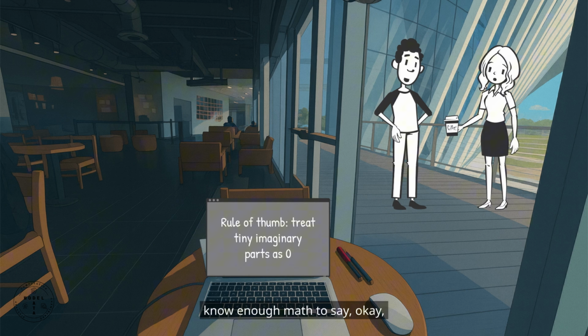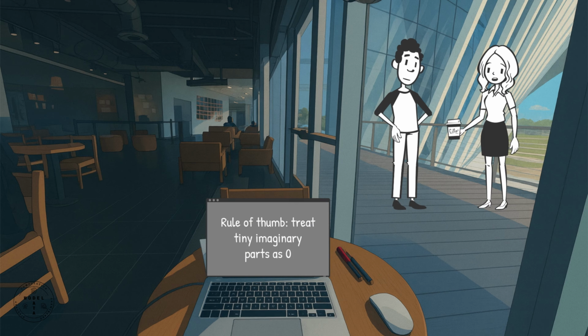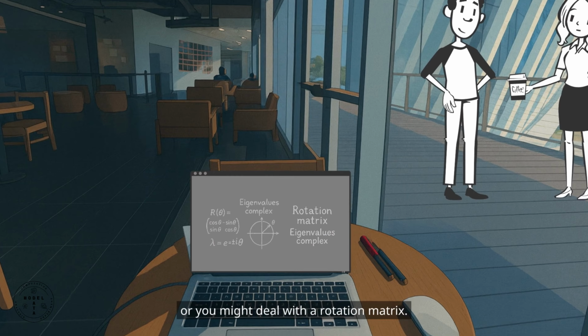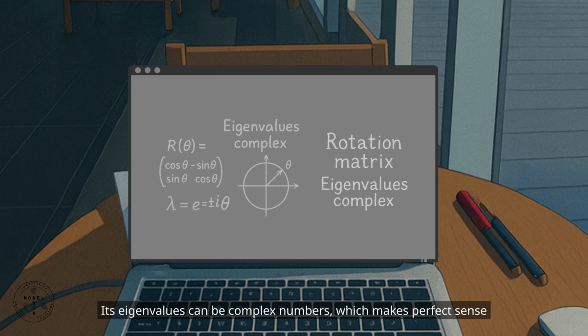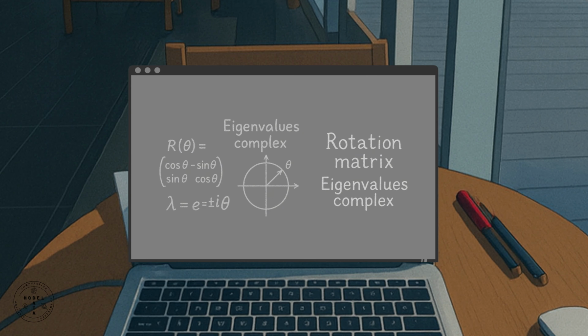Okay, so you need to know enough math to say, okay, that's basically 3. Exactly. Or you might deal with a rotation matrix. Its eigenvalues can be complex numbers, which makes perfect sense geometrically, but you need to understand why.